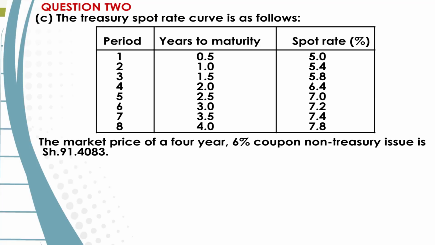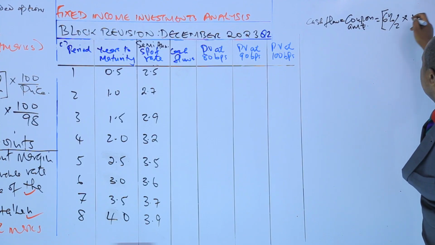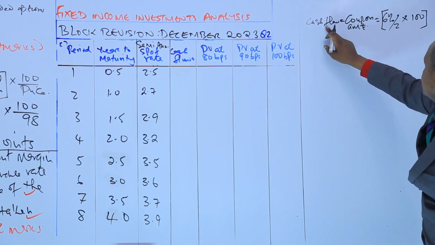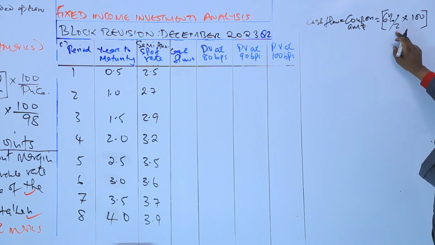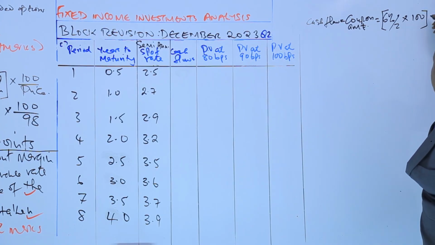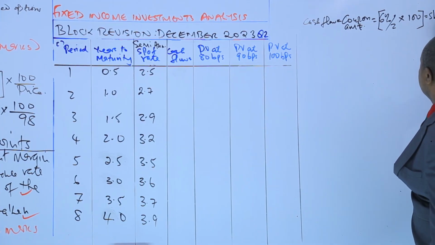The market price is 91.4083, and therefore the par value of this non-treasury issue is 100. So 6% divided by 2 gives us 3%. 3% times 100 is equal to 3 shillings.